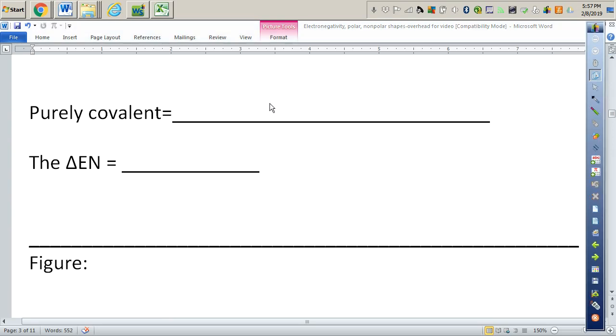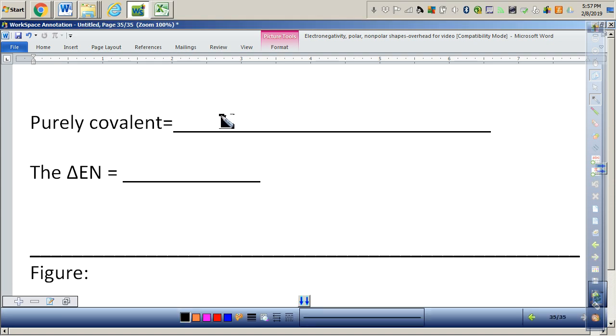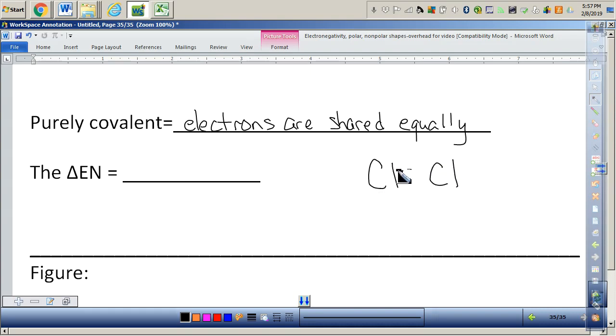And then we also have bonds that we say are purely covalent. And that's when we have electrons that are shared equally. And so that means that we don't have one atom pulling more than another. An example of that would be the Cl2 molecule.